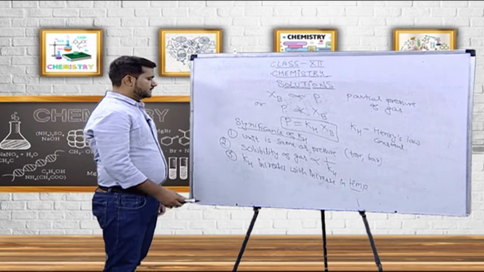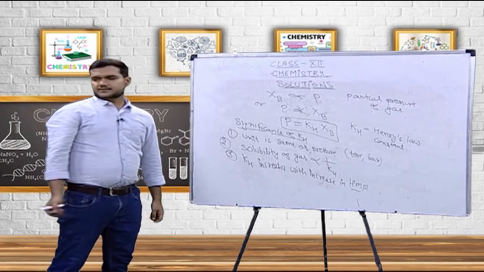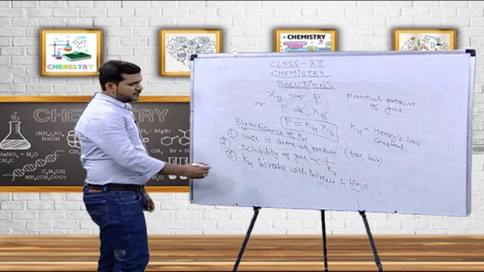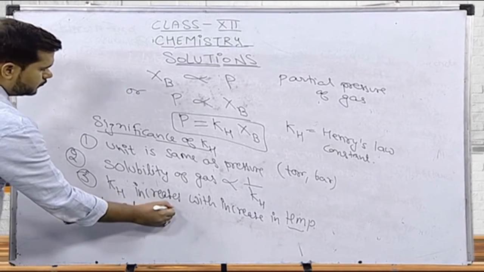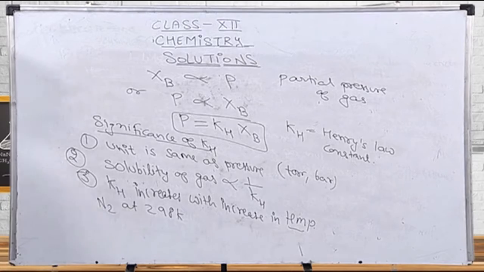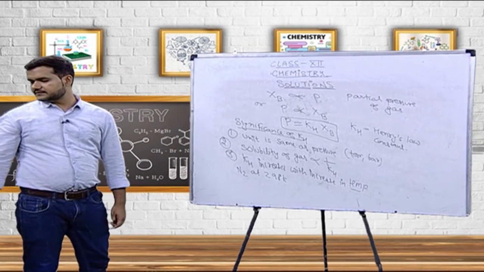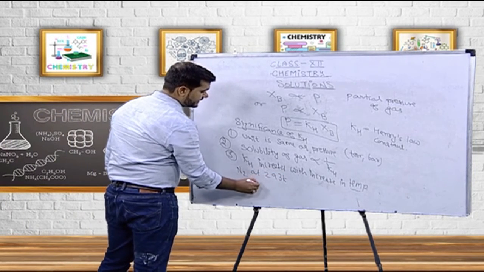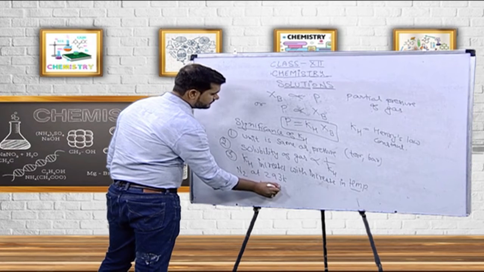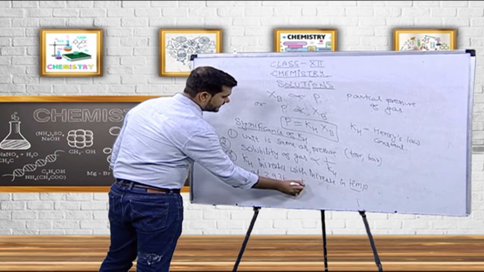For example, solubility of gas N2 at 293 Kelvin and at 303 Kelvin. We have different values of KH.